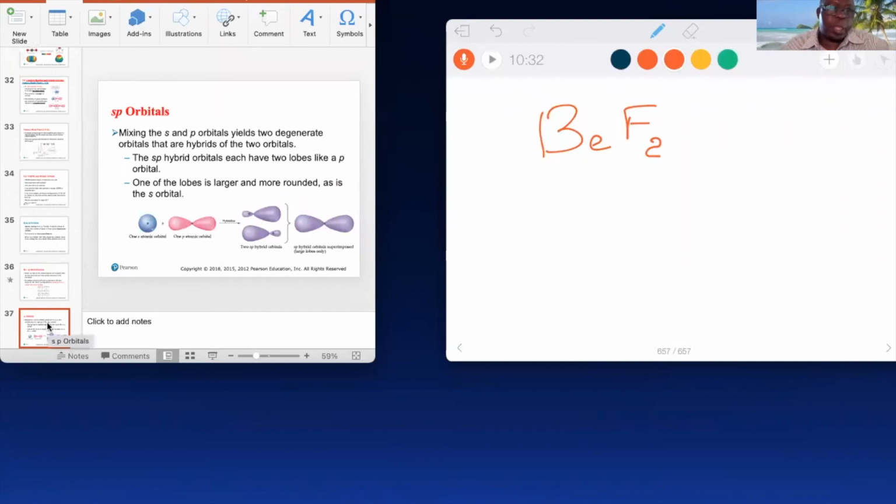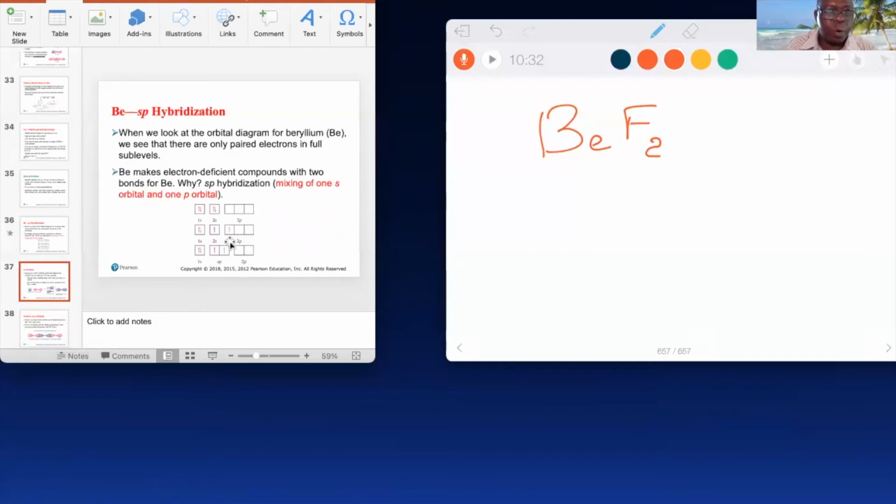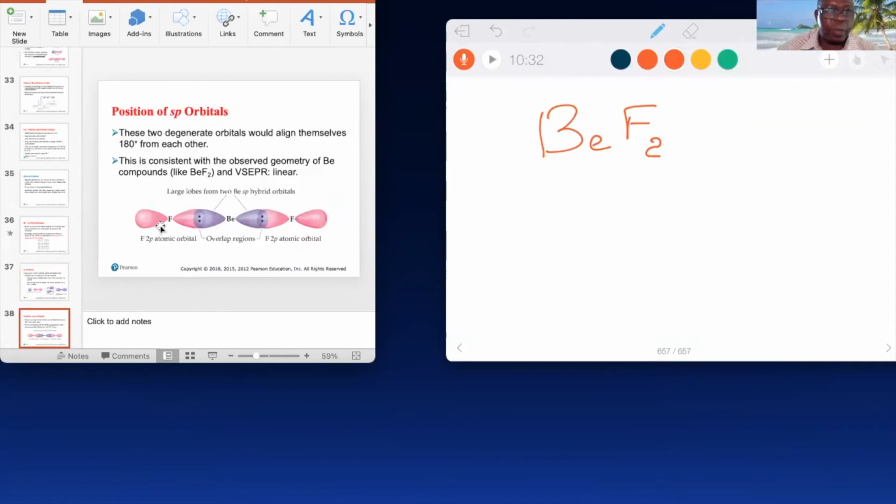For sp3, that means you mix 3 p orbitals and the s sub level. You know what we mean by degenerate? It means they have the same energy. So after hybridization, these 2 lone electrons will form a chemical bond with each of the fluorine.